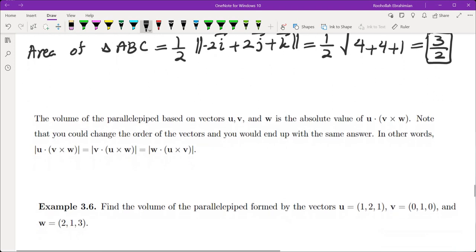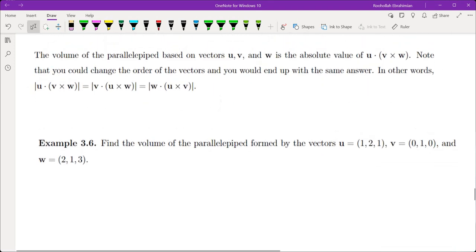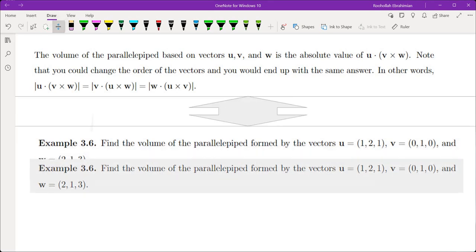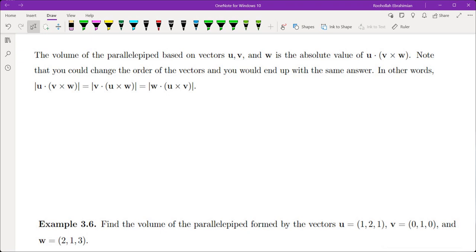Okay, so we're going to talk about one last thing and a couple of examples to understand how this works. The volume of the parallelepiped based on vectors u, v, and w is the absolute value of this dot product. So let's see how that works. So what is a parallelepiped? If you look at a rectangular box, let me start from a rectangular box.